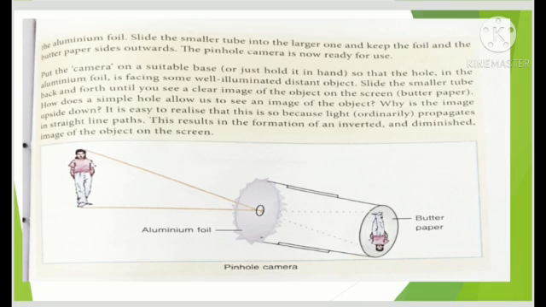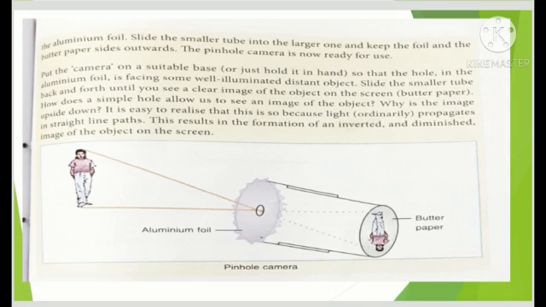Cover one of the sides with the aluminium foil and make a hole with the help of a pin. Do you know that's why this camera got its name, pinhole camera. And on the other side you will tie a butter paper with the help of a rubber band. On both sides you can use rubber bands to cover the mouths of these tubes with aluminium foil and butter paper.